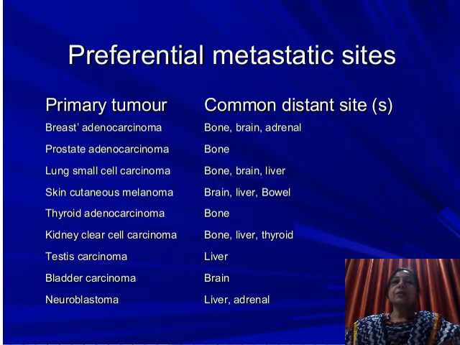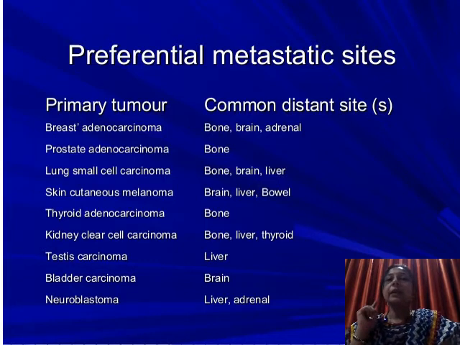So the preferential metastatic sites are like this. Breast adenocarcinoma commonly goes into the bone, brain, adrenal. Prostate adenocarcinoma commonly goes to the bone. Lung small cell carcinoma goes into the bone, brain, and liver. Skin cutaneous melanoma very commonly goes into the brain, liver, and bowel. Thyroid carcinoma goes into the bone.